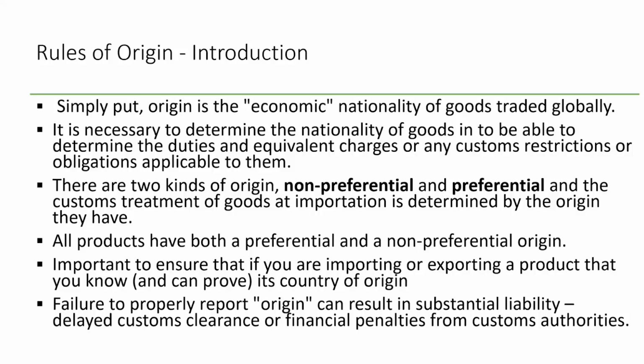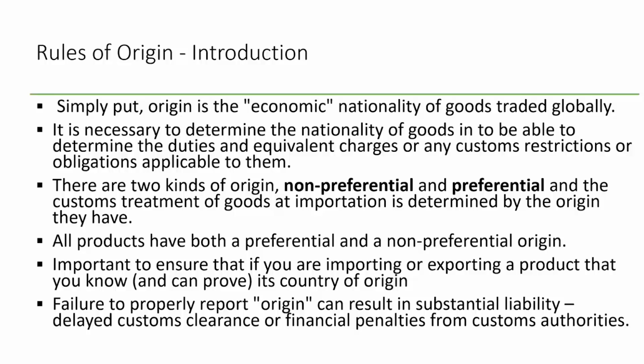So you could be bringing cameras in from Asia, say they come from China, and they get sent to Japan, but the economic nationality is China: they're manufactured in China, and they go to Japan.